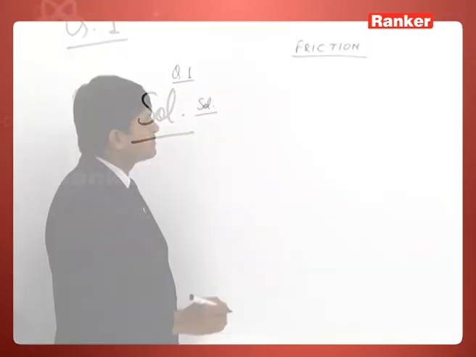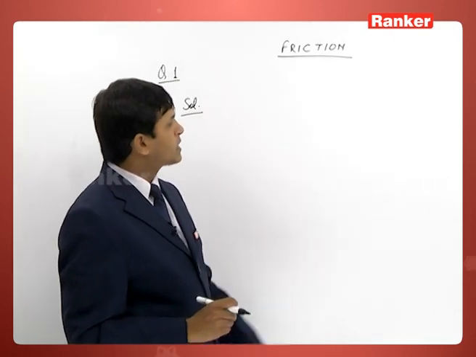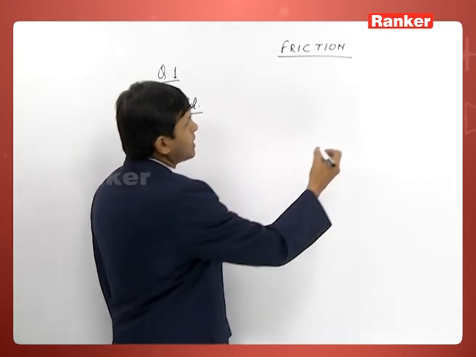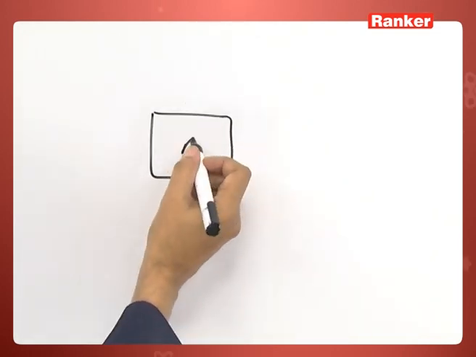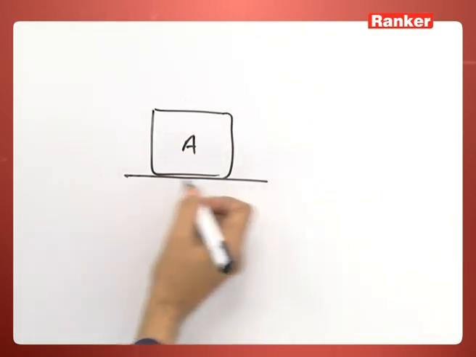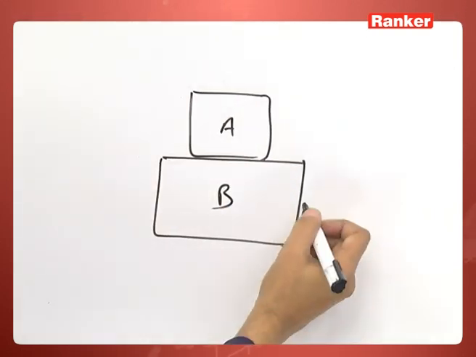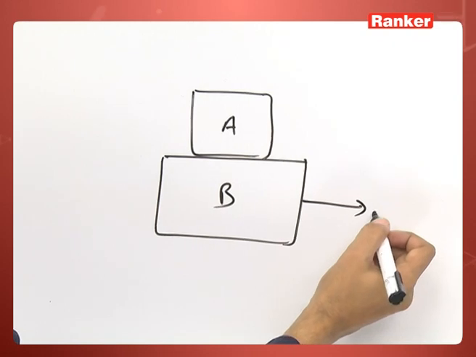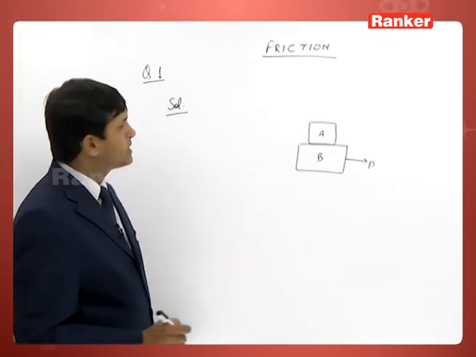Solution of this problem. See, in this question what is given here? Block A and B. This is block A and this is block B, and block B has been pulled with a certain force P. That force P we have to exactly determine.